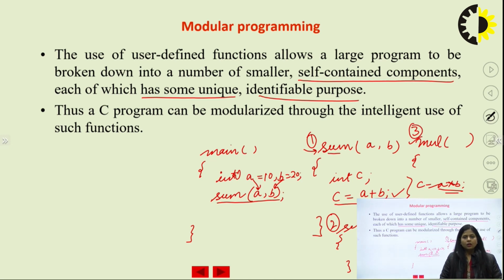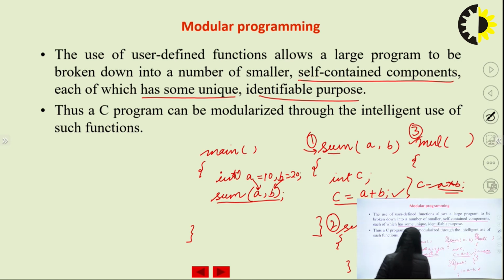We can define our functions in any order. What matters is the calling of the function. The function will perform its task according to the call of that particular function.